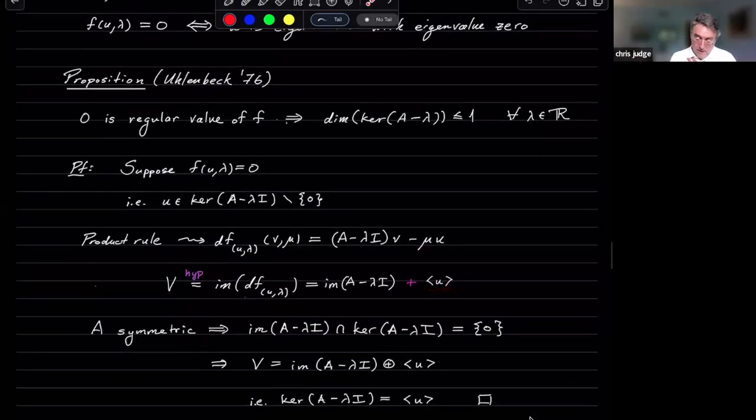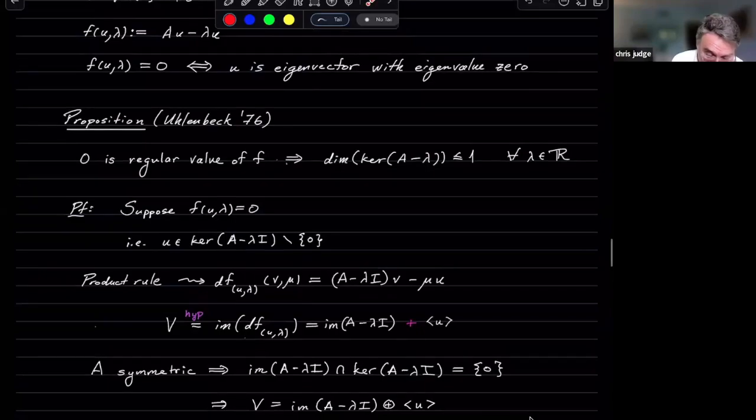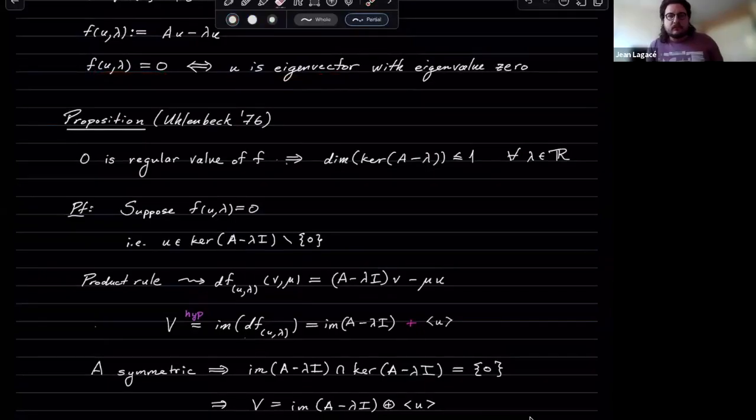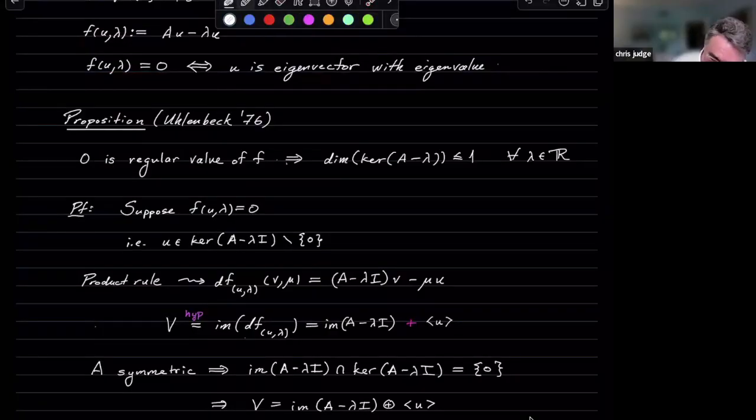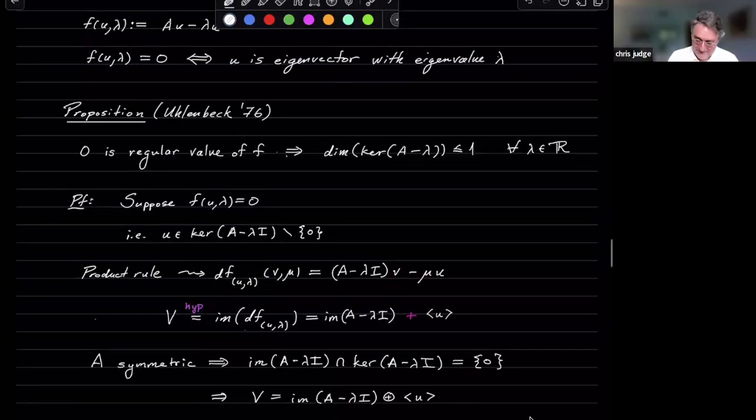Chris, there's a question in the chat asking if lambda is the eigenvalue here, right? Right. Once I know this is true, then u is an eigenvector with eigenvalue lambda. Thank you.